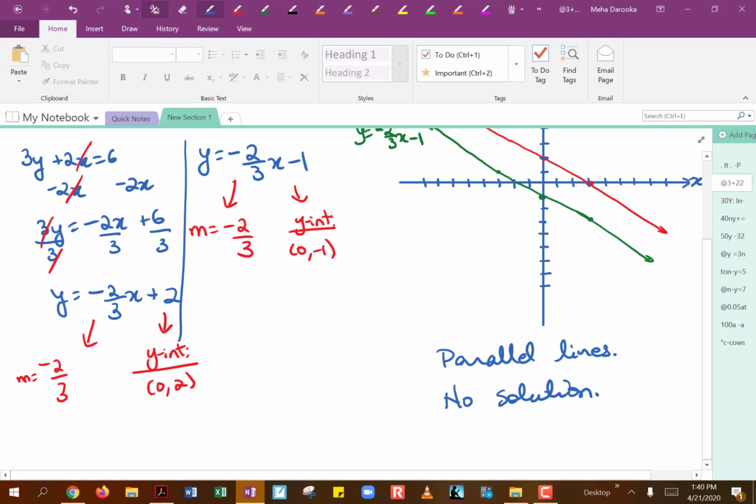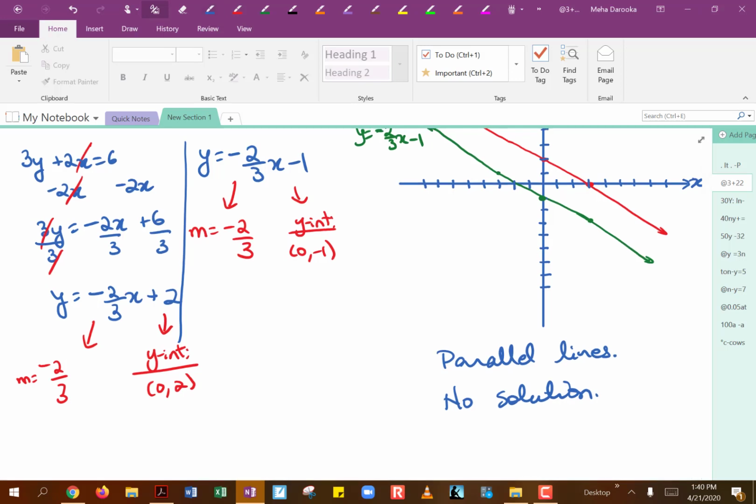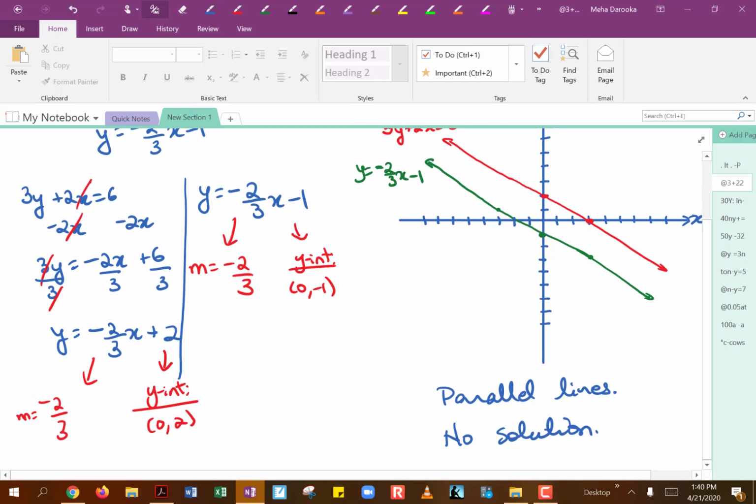Now the reason we know they were going to be parallel lines, you can actually find that out by just looking at the equations. So you will notice both of our lines had a slope of negative 2/3. So they had the same slope, but they had different y-intercepts.